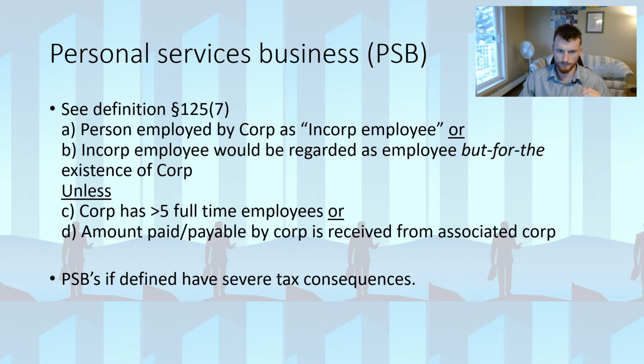However, and this is not a very fair scenario, if you get put into a situation, the employed corporation, not the employer corporation, but the employed corporation, may meet the test of having personal service business income. This is defined under section 125 part 7.